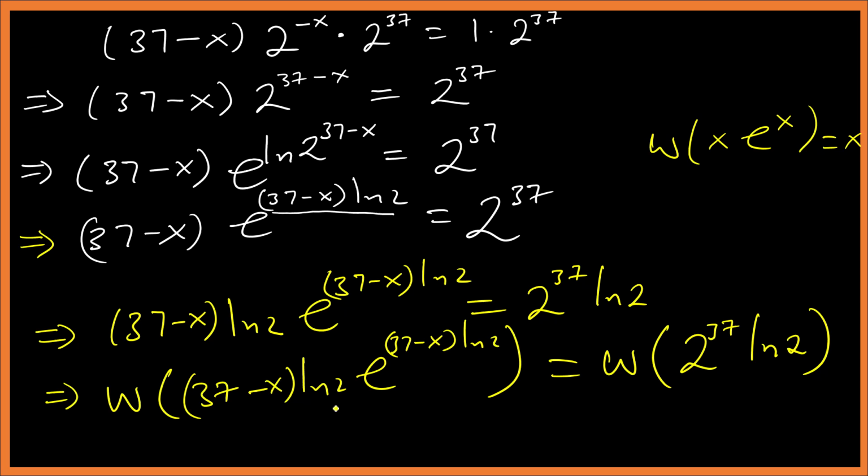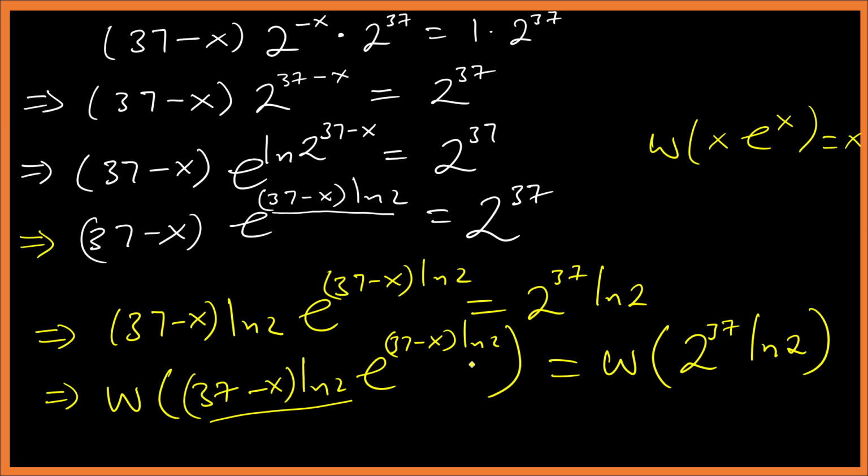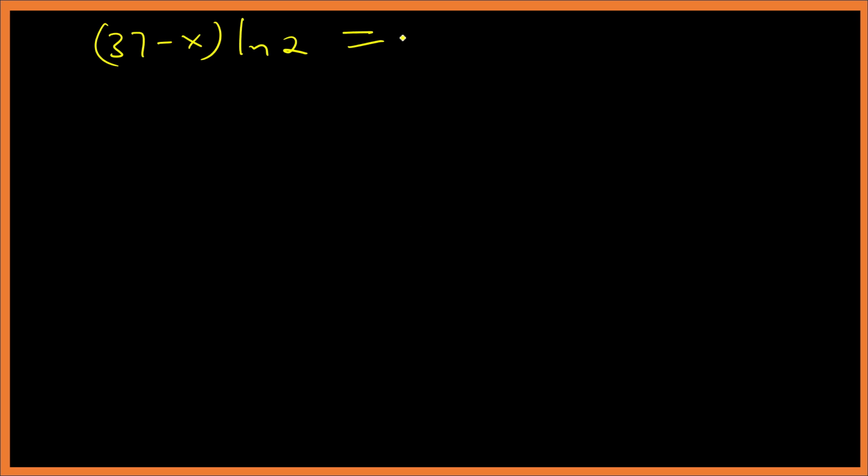So we have this and that, so the answer becomes this. So we have 37 minus x ln of 2 equals W function of 2 to the power 37 ln of 2.